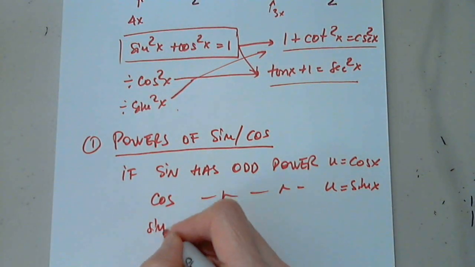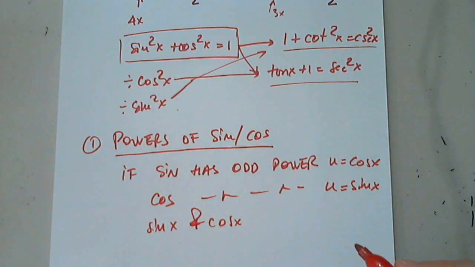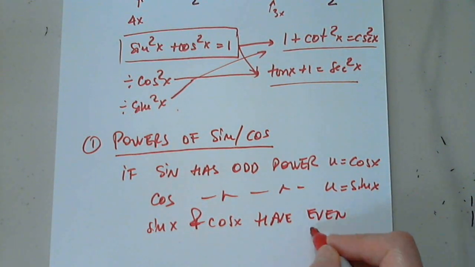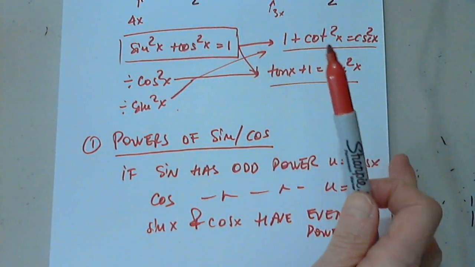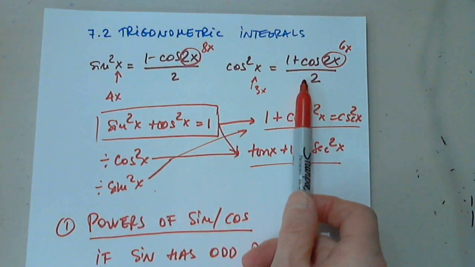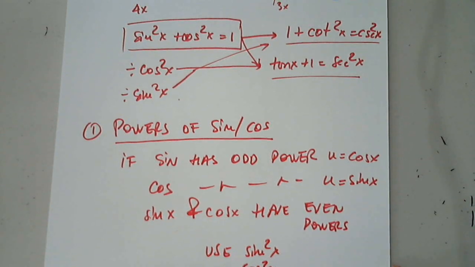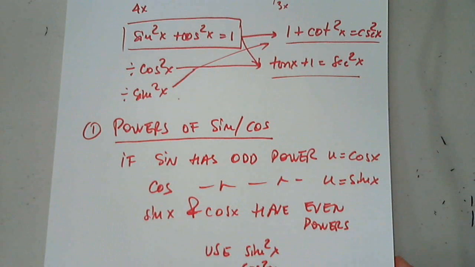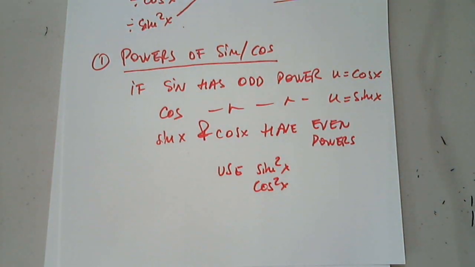If sine and cosine both have even powers, that's when these two identities come into play. Use sine squared and cosine squared, maybe to simplify, maybe to reduce powers, etc. We'll see. So let's take a look at a few examples.